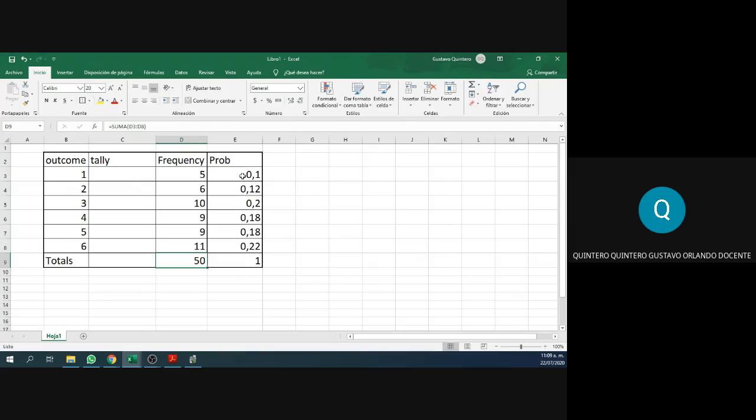So our division is 5 over 50. Success over total. Now, that is for my table. Each and every one of you has a different table, so it depends on your frequency. All right? Yes, thanks. Cool.